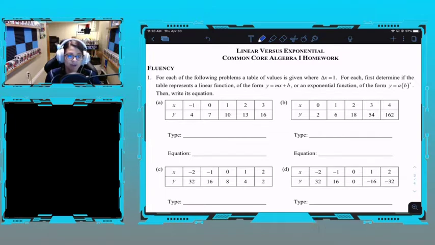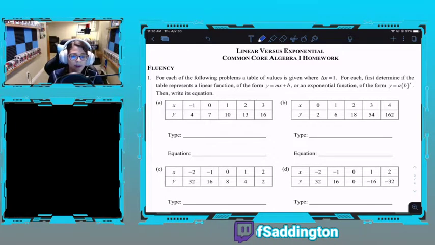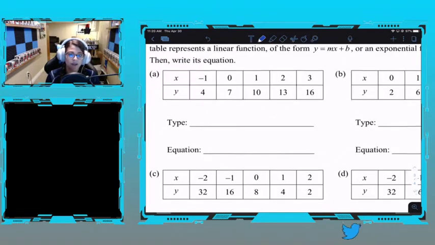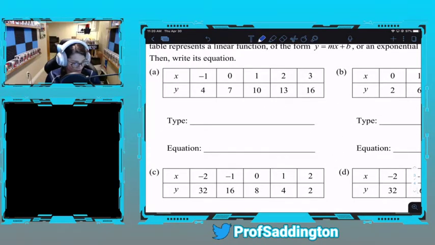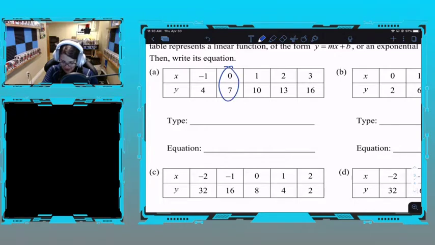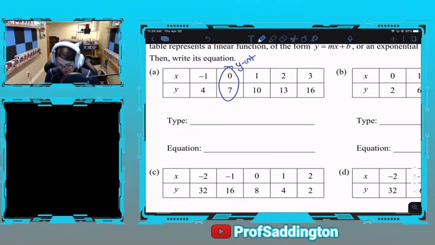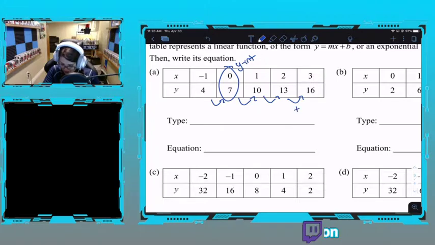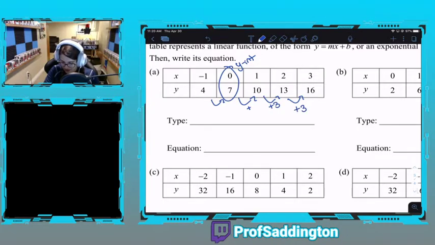We can see that for example A, they are going up by 1s. It's going -1, 0, 1, 2, 3. So that's good. We can see we have our y-intercept here. And let's see, we're going from 4 to 7, 7 to 10, 10 to 13, 13 to 16. All of these are being added by 3.